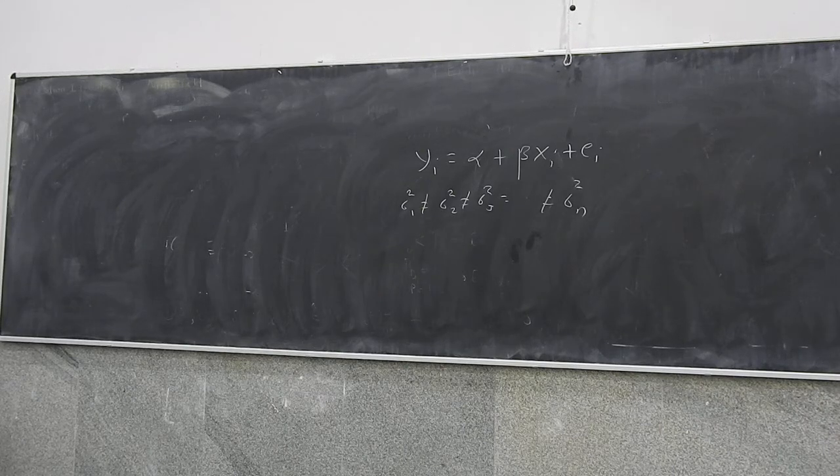Like in the case of first order autocorrelation, we modified the data. We said y star is yt minus phi hat yt minus 1, and x star is xt minus phi hat xt minus 1, and we got a new regression model where the error term was not autocorrelated. Similarly here, we must think of a way of transforming them.